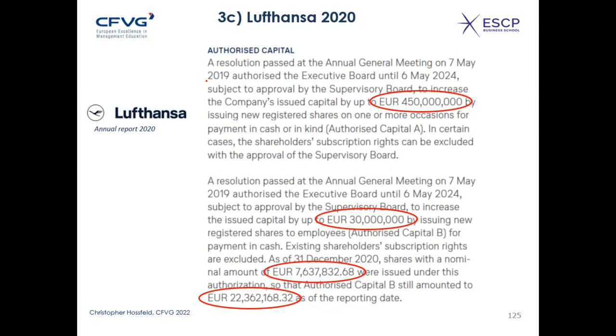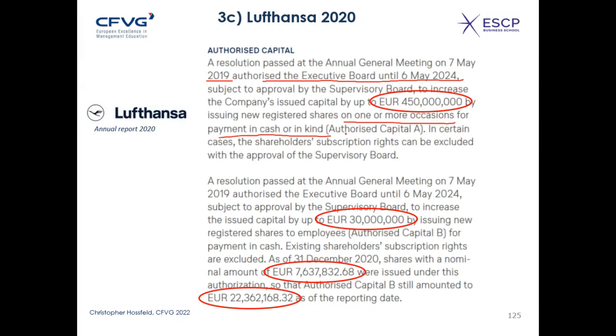At the shareholder meeting in 2019, the shareholders authorized the executive board until 2024, so the authorization is valid for 5 years, to issue capital up to 450 million euros, on one or more occasions, for payment in cash or in kind, so another payment, not in cash.